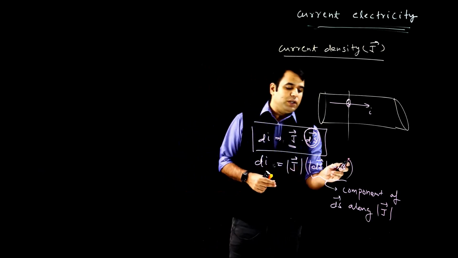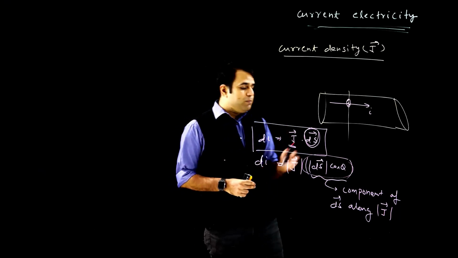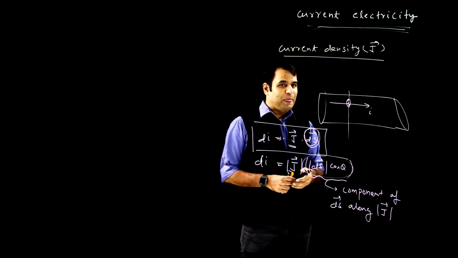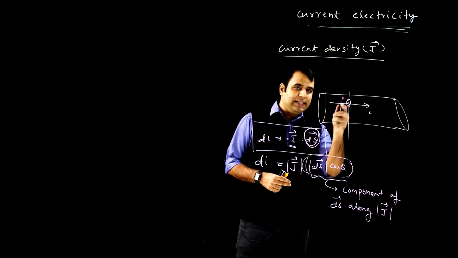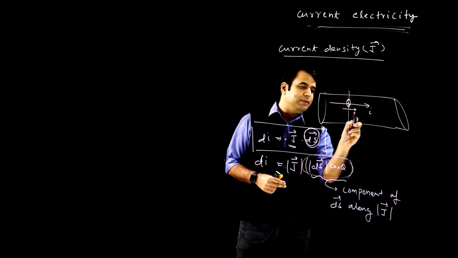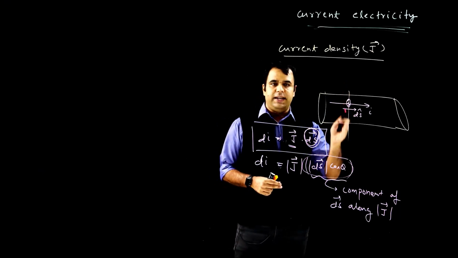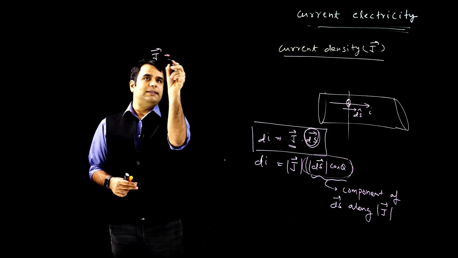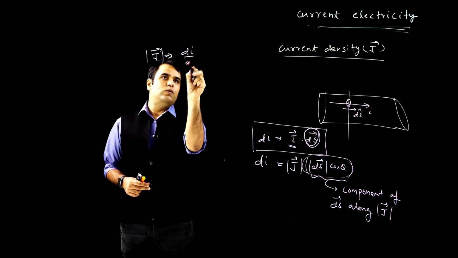So basically we have to take the component of area while calculating the current. Component of area we have to consider along the direction of existing current. Okay, so component of area has to be taken along the direction of current as well. So in this case, since the area vector as well as the current are in the same direction, dS cap, and the current is also in the same direction for this cross-section area, we will define the value of current density J, the mod of that, as dI over dS.